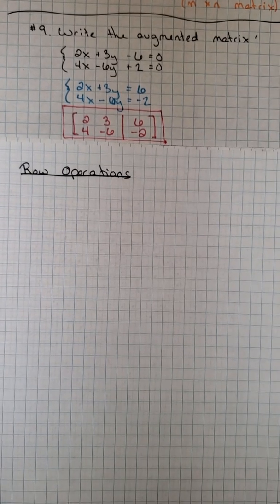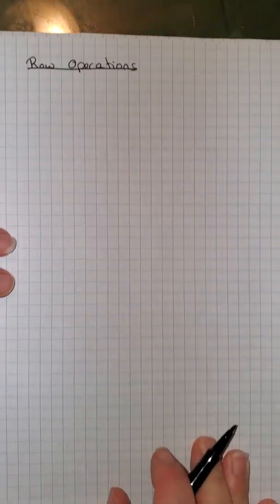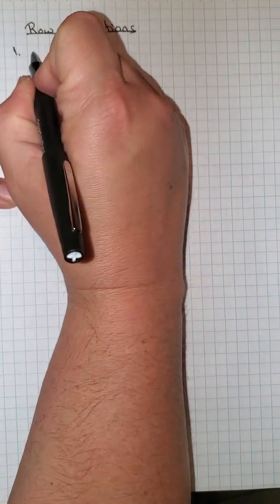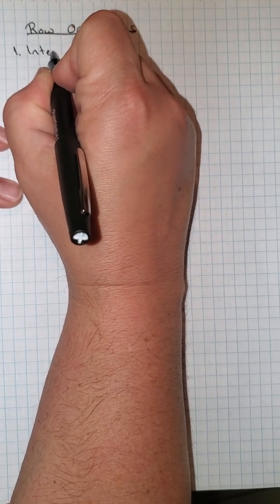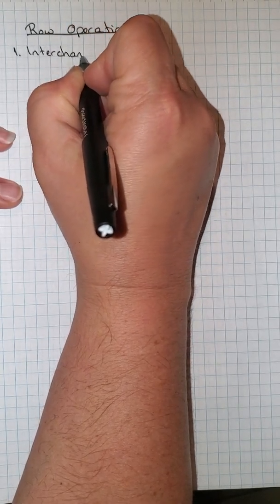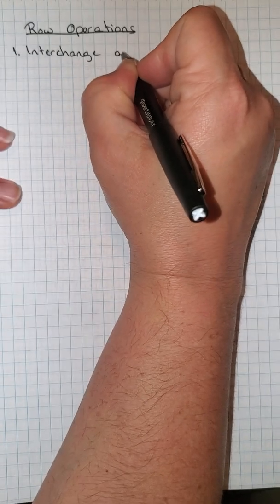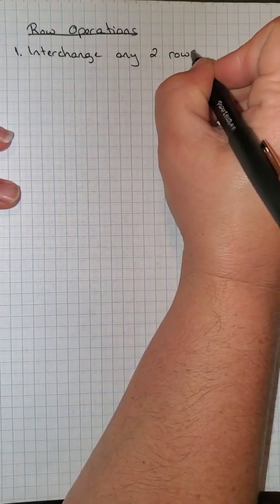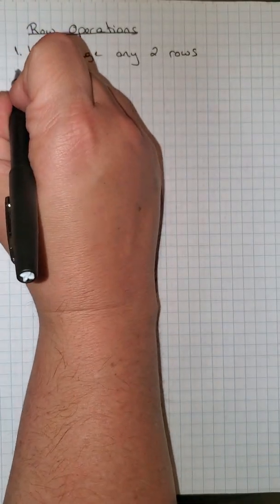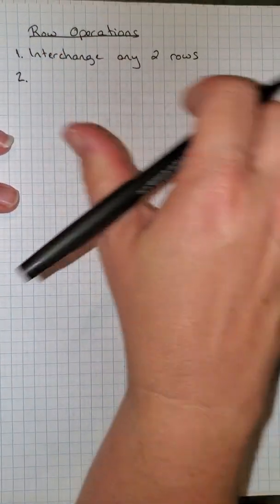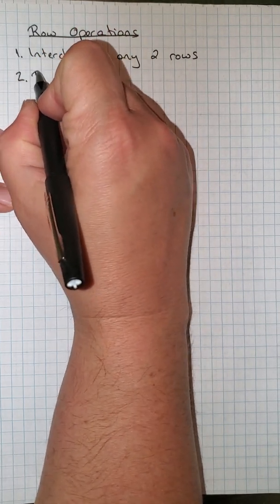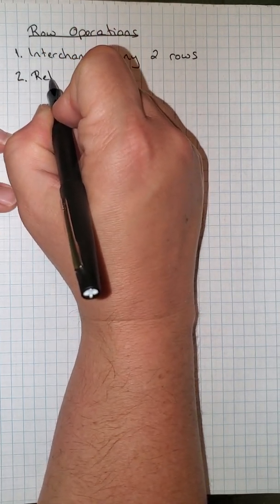Alright, so some things that are legal. First of all, you can interchange any two rows. Second, you can replace a row by a multiple of that row, so you can multiply everything by the same number.